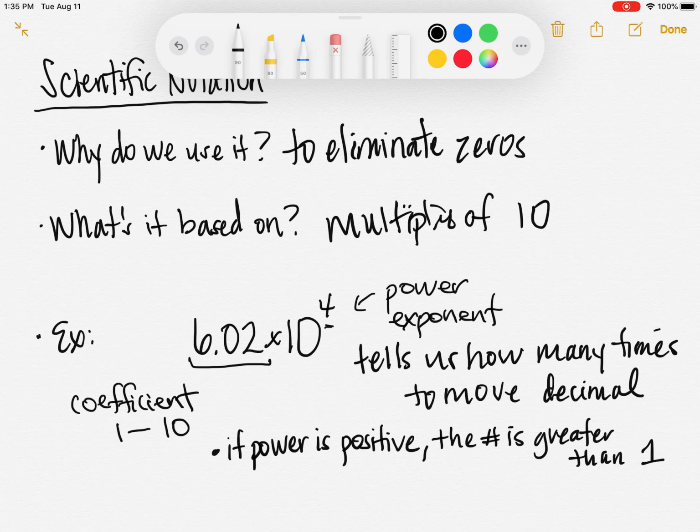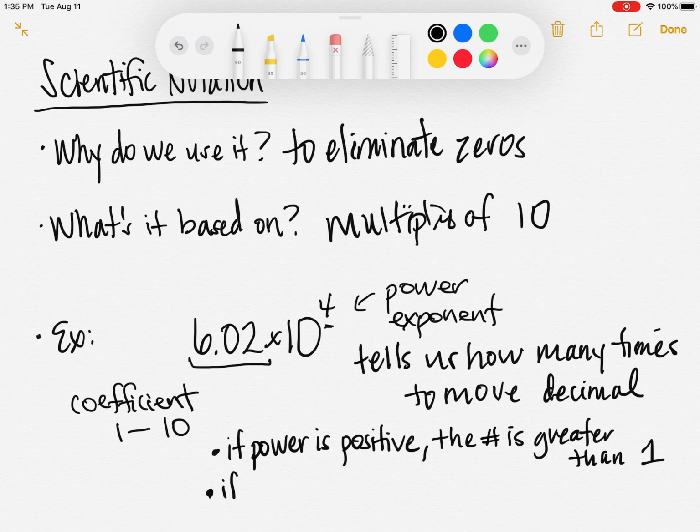And if you think about it, so if this power is positive, which of course it is in this example, the positive 4, this number is going to be greater than 1. And if you think about that, which way you would move the decimal to make this number greater than 1? Well, you'd have to move it to the right to make that number a large number. So that's how I kind of teach it instead of memorizing left versus right. But again, if you learned it that way and it makes sense to you, that's fine.